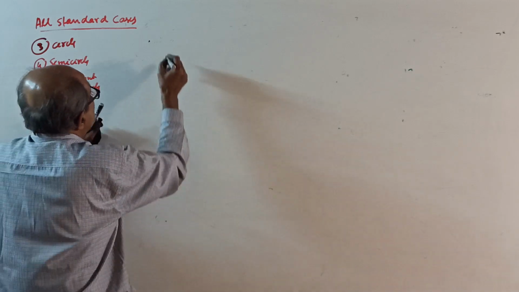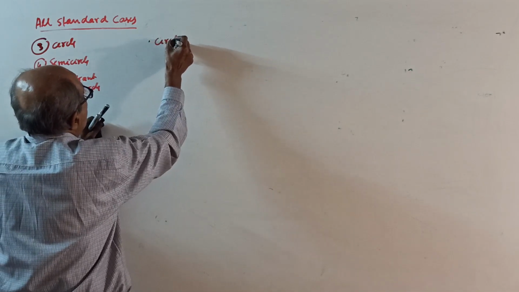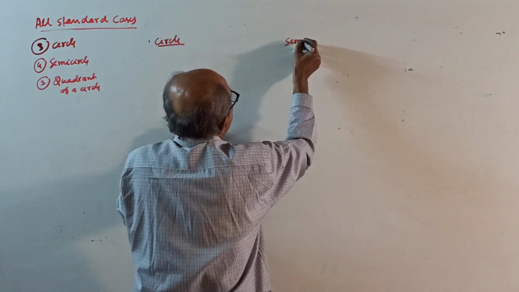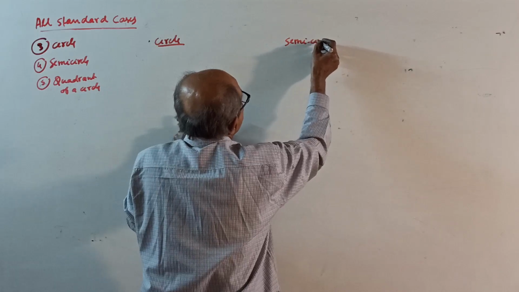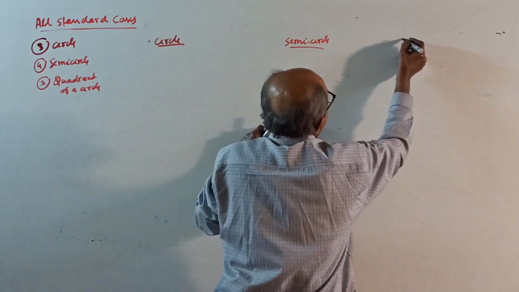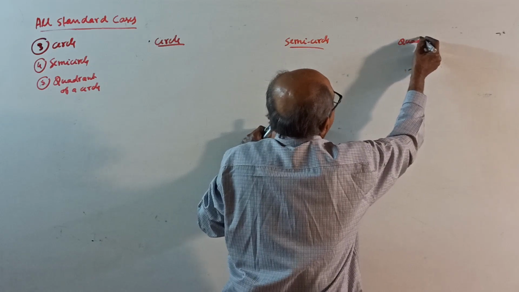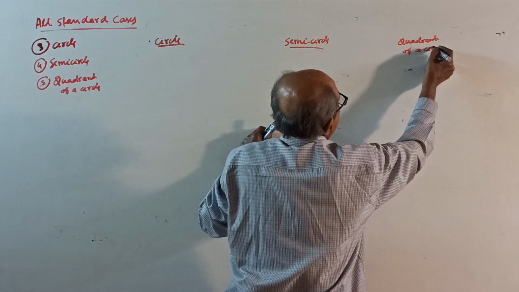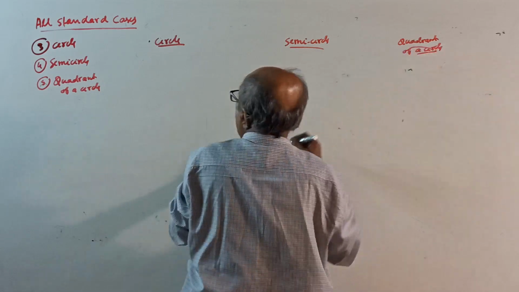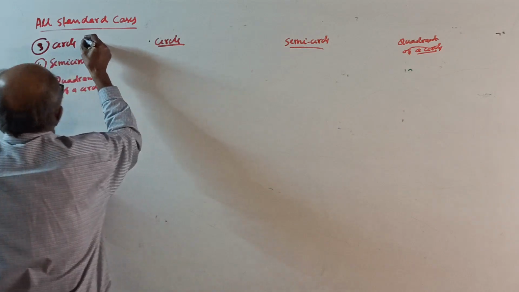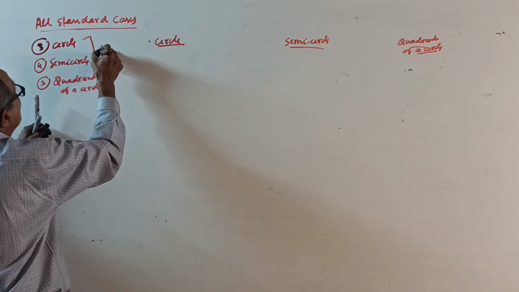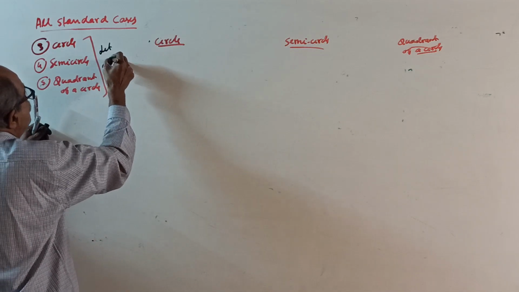First, circle, semicircle. Then example, semicircle. Next, quadrant of a circle. Remember, for all these, to save the time, you write, let D be diameter.